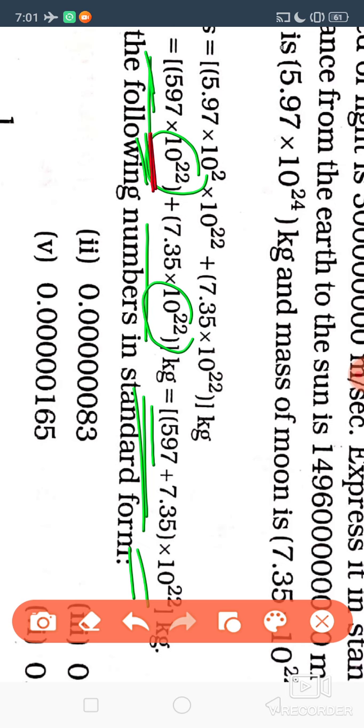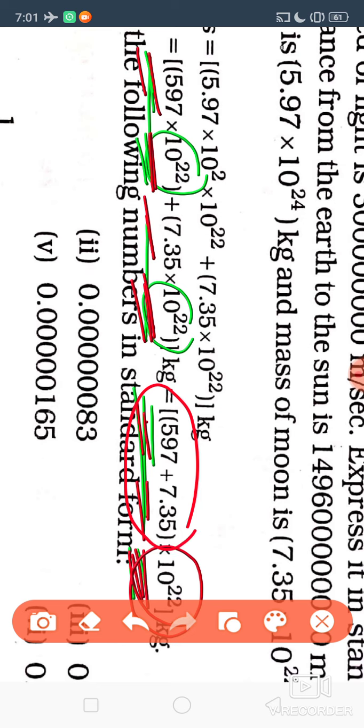Then here 10 to the power 22 is there, and this 10 to the power 22 is multiplied by 7.35, so we have written here 7.35.